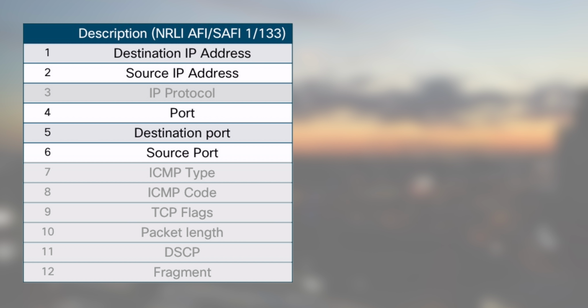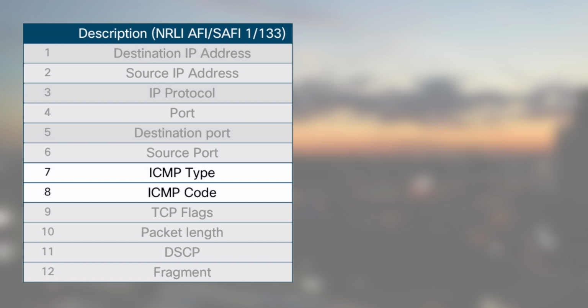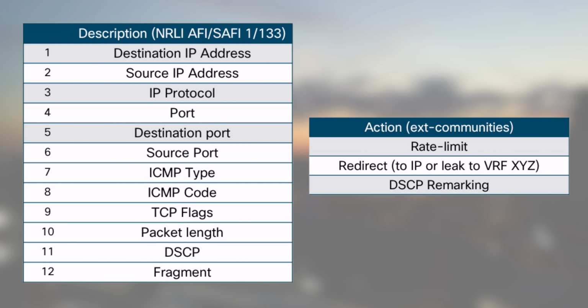For example, address and port, source and destination for UDP and TCP, ICMP type and code, but also TCP flags like SYN, ACK, reset, packet length, DSCP field, and fragment indicators. The second element is an action. It describes the treatment of the packet matching the former description. We can rate limit or drop a flow, we can divert the flow to a specific address or a different VRF, and we can remark the DSCP value.